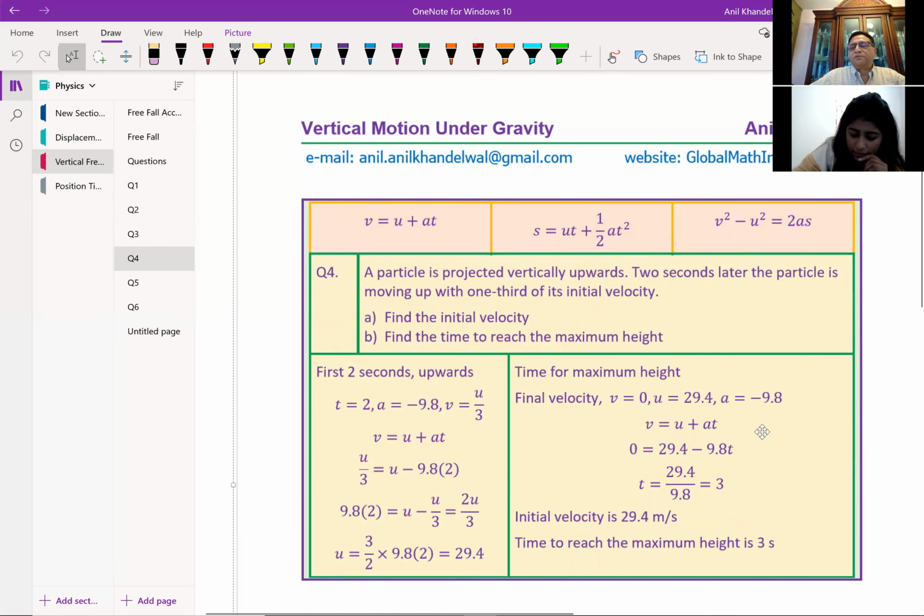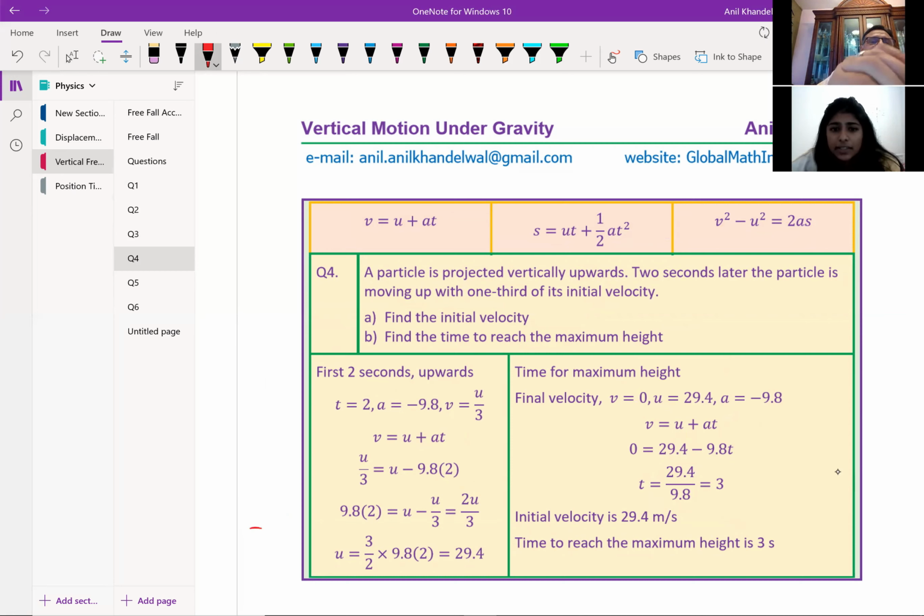Now let's see question number 4. Can you please read this question? A particle is projected vertically upwards. 2 seconds later, the particle is moving up with 1/3 of its initial velocity. Find the initial velocity.